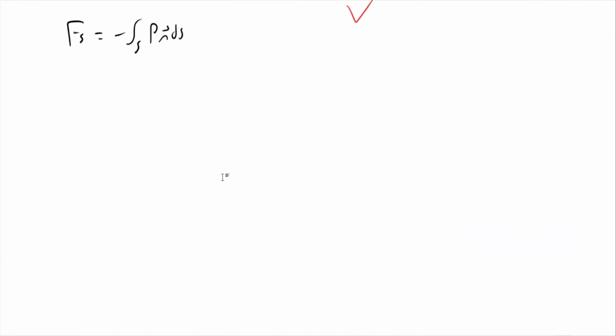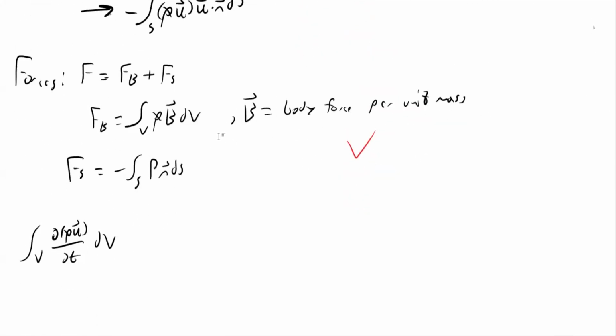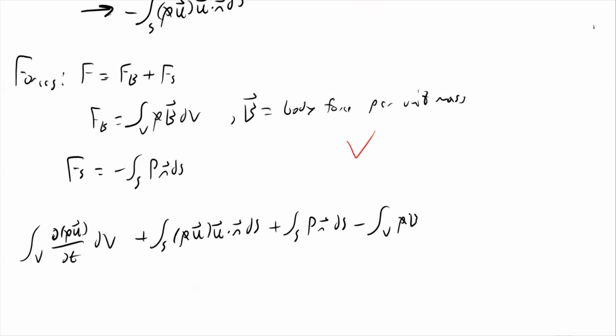So we have the volume integral of the time derivative of rho u dt, plus the surface integral of rho u dot n dS, plus the surface integral of p n dS, minus the volume integral of rho b dV, and that's equal to 0.